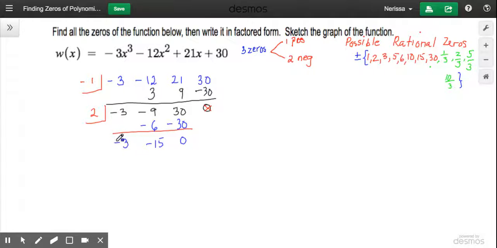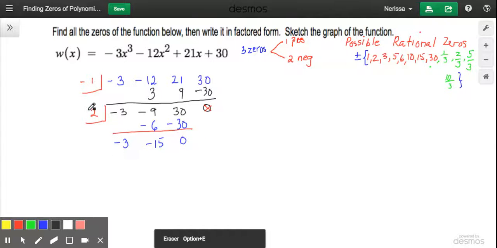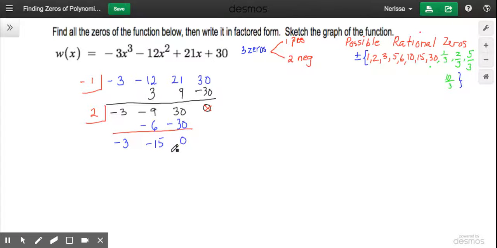Okay, last 0 to find. Now, if we have only three numbers left, 1, 2, 3, and the last one is 0, this is a linear factor of w of x. These represent the coefficients of a linear factor of w of x. So that linear factor is negative 3x minus 15, and then we equate that to 0 because we're looking for the 0 of the function.